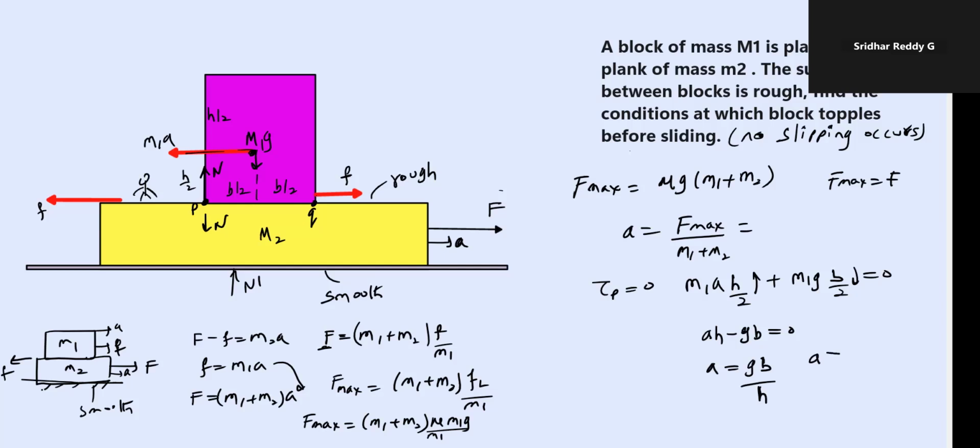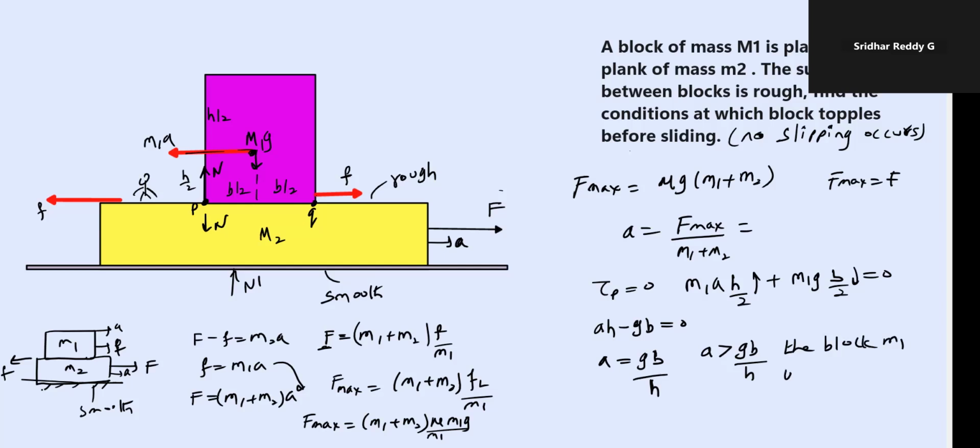So I'll put a condition: a greater than or equal to g b by h for block m1.